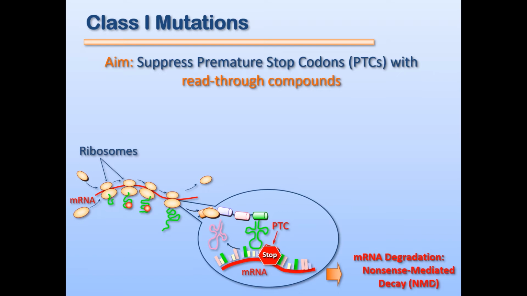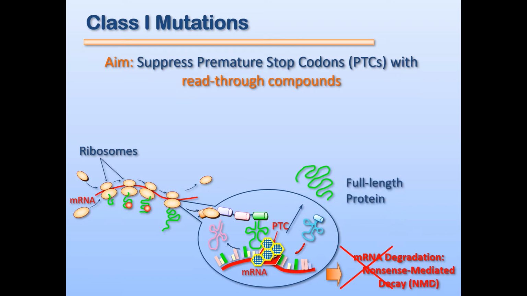The goal here is to identify small molecules which mask these premature termination codons so that an amino acid is introduced in the polypeptidic chain, the messenger RNA degradation is avoided, and the full-length protein is produced.